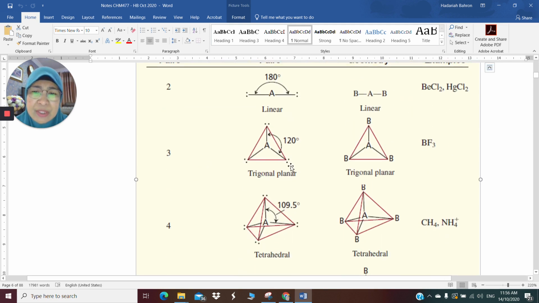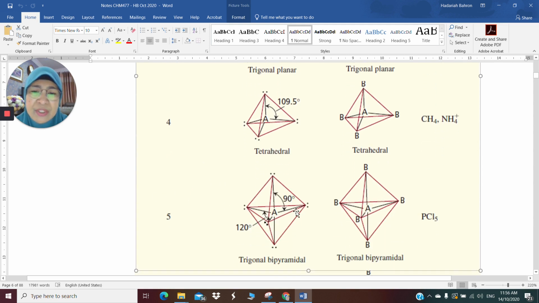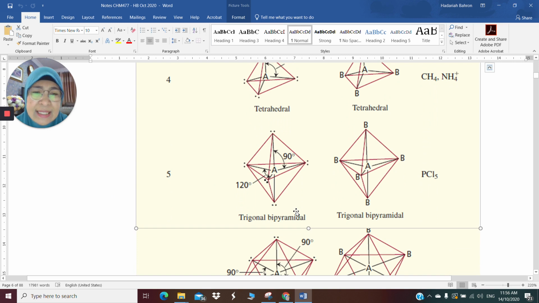And in the same line of thinking, five pairs of electrons around a central atom A will make this geometry where it looks like two pyramids, one at the top, one at the bottom, and the pyramids have a triangle base. So this is called trigonal bipyramidal. Very simple.